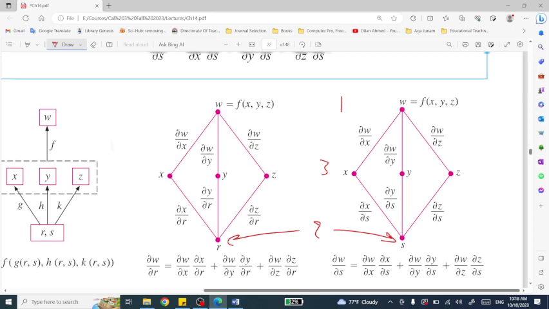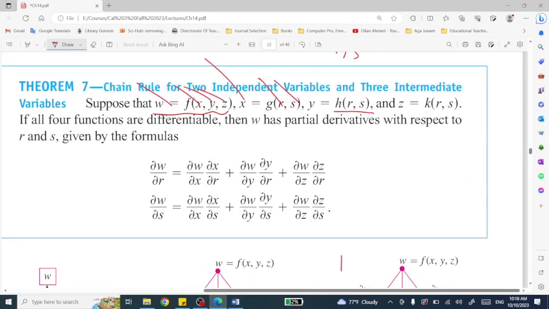So how do we deal with it? We'll make it into 2 parts. So I have partial w by r. Why? Because w depends on r and s, forget about the intermediate variables. So I cannot directly say dw by dr. Why? Because we have r and s. I told you single d, more partial.